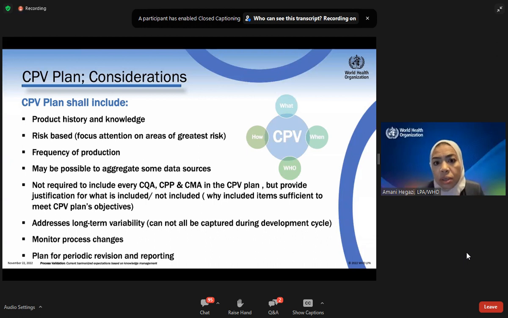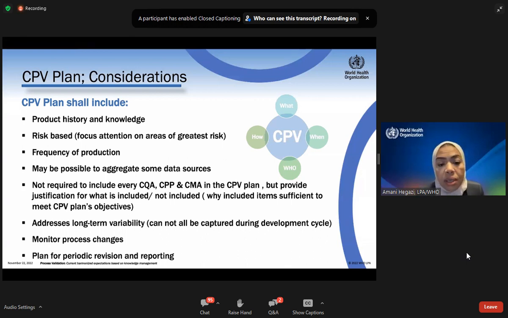It should consider the frequency of production. So the more frequent we have production will impact the sampling and the monitoring behavior. The less production, the less process maturity, and this will impact the monitoring plan.